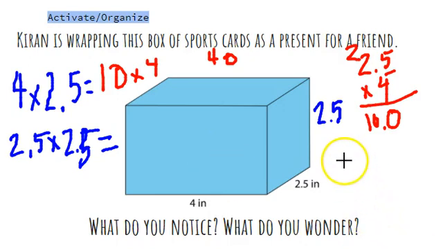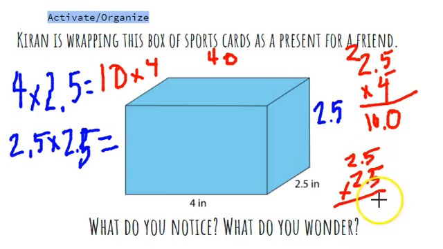And then I have 2 5/10 times 2 5/10. Remember that with decimals, you're not worrying about the decimal until the very end. 5 times 5 is 25. 2 times 5 is 10, plus 2 more makes 12. 2 times 5 is 10, carry the 1. 2 times 2 is 4, plus 1 more makes 5.